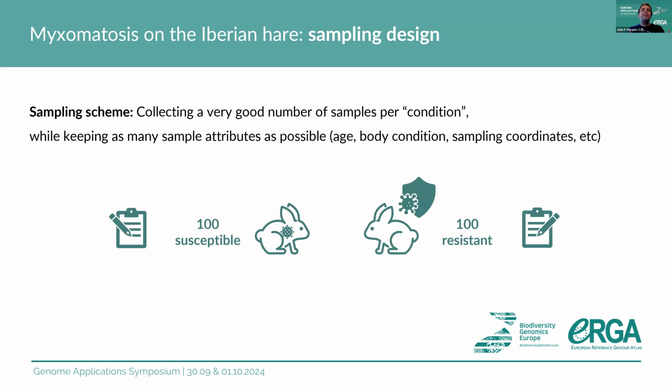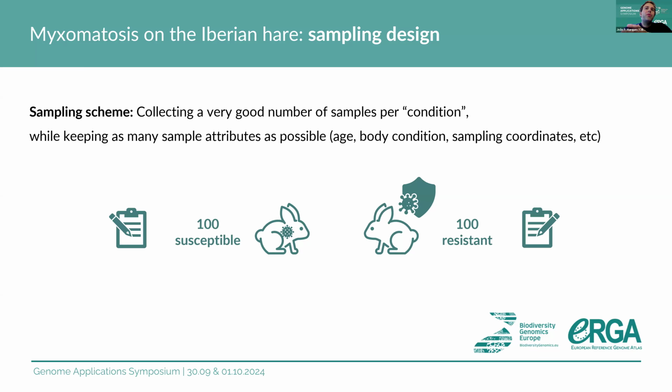And that is already a lot of work, because all the individuals need to be tested for antibodies, and for the presence of the virus or not, and we need to make a lot of observations related to the lesions, the body condition, etc.